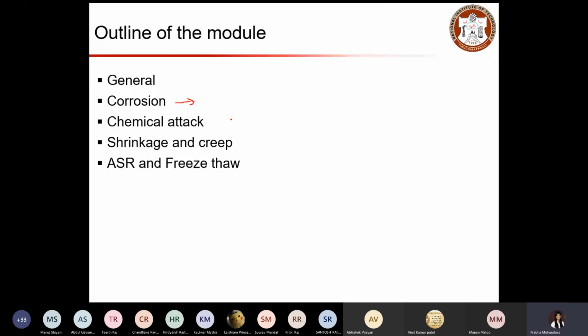ASR is alkali silica reaction, and freeze-thaw occurs in cold weather regions where your pores get filled with water and it thaws. So the cyclic reaction will induce stress concentration and that will affect the performance of concrete.